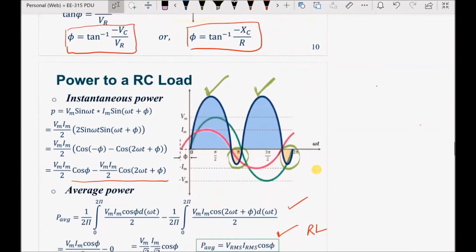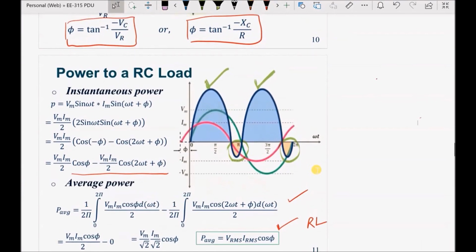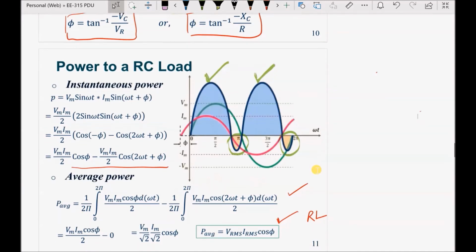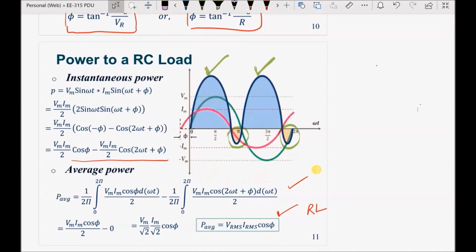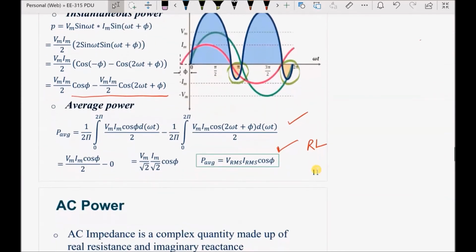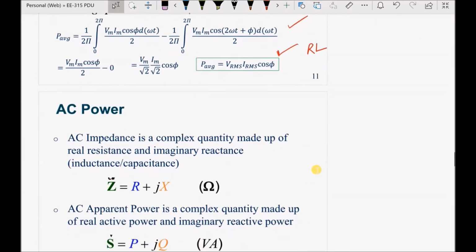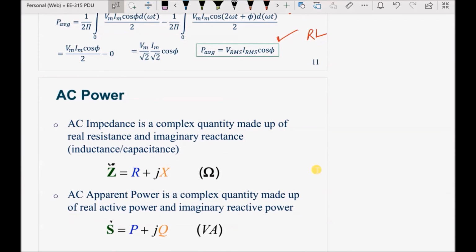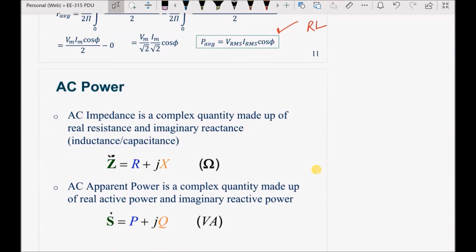Now moving on. Before we move on, let us just summarize the discussion we just had, that is, how phasors are plotted for the resistive, inductive and capacitive loads. We understood that, and the instantaneous and average powers were also computed. Another application of the use of vectors is determining the total opposition of an AC circuit to the flow of current, and this total opposition is called impedance, which is this, and it is measured in ohms.